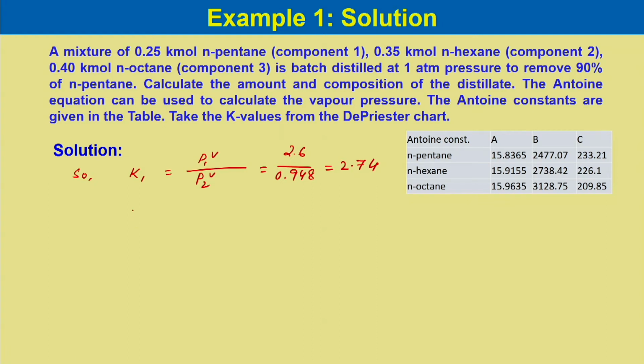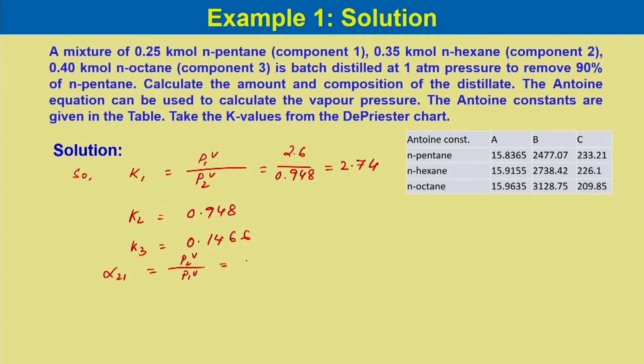K2 is 0.948 and K3 similarly we can get 0.1466.